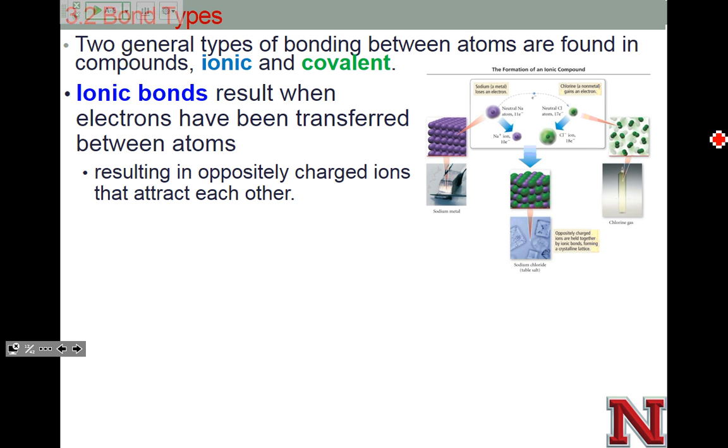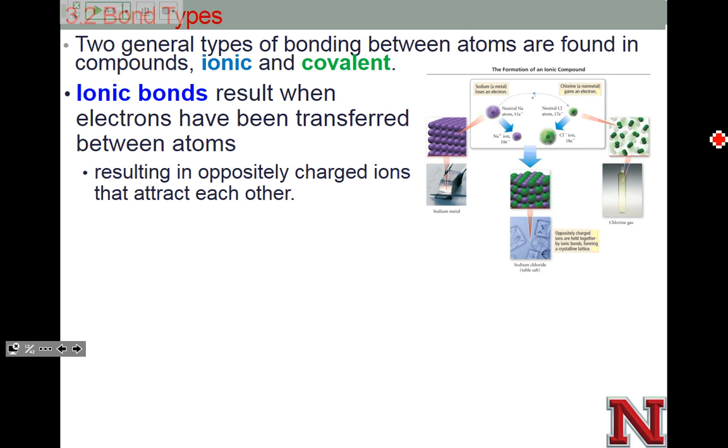Our attractive force results from a positive charge and a negative charge being attracted to each other. For example, sodium chloride: the sodium ion forms a positive one, and the chloride ion forms a negative one, and those two are attracted to each other.